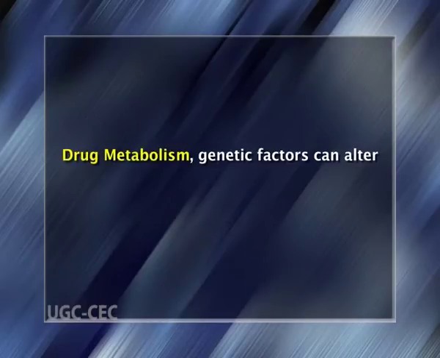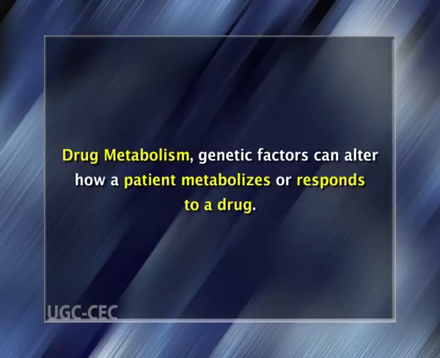Drug metabolism, genetic factors can alter how a patient metabolizes or responds to a drug. Therefore, individual responses can also occur because of genetic differences in drug metabolism or receptor activity as well as differences in the activities of repair mechanisms.